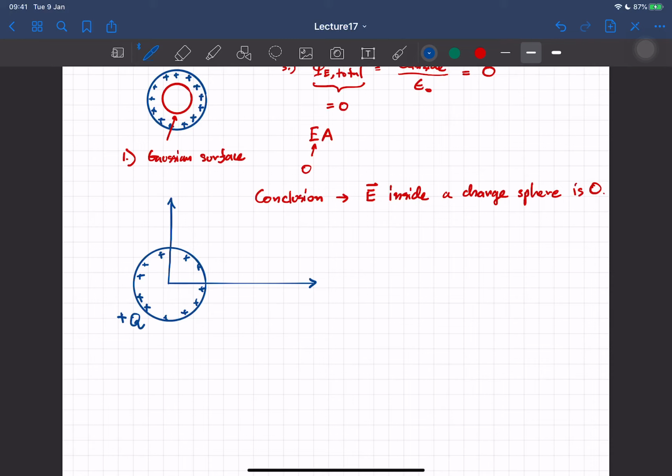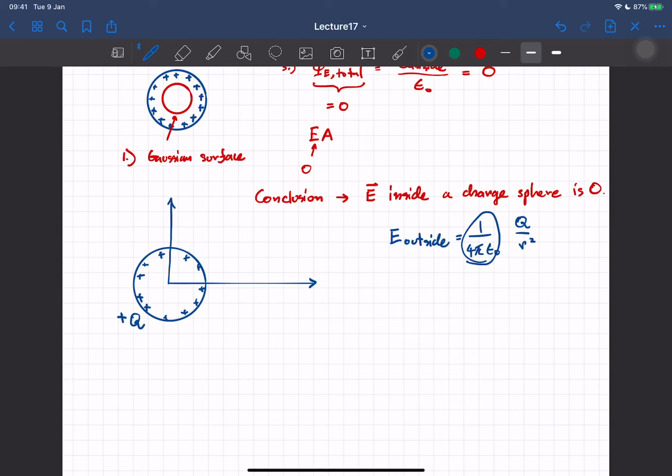Outside the sphere, E outside has the same formula as the electric field from a point charge: 1 over 4 pi epsilon 0 times Q over R squared.